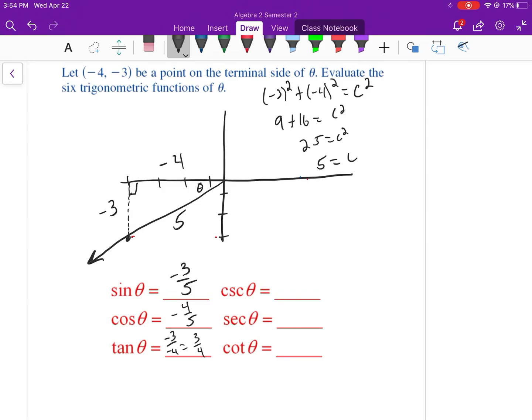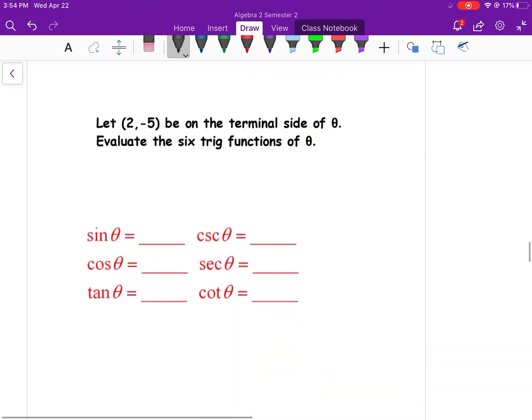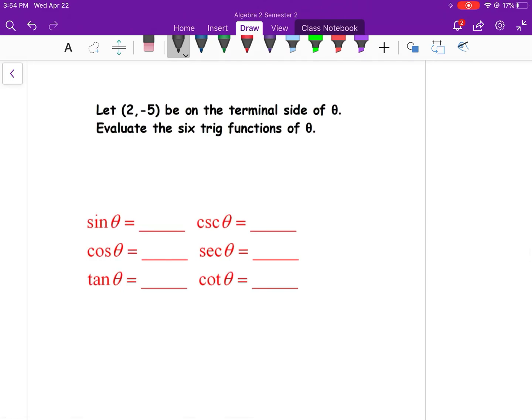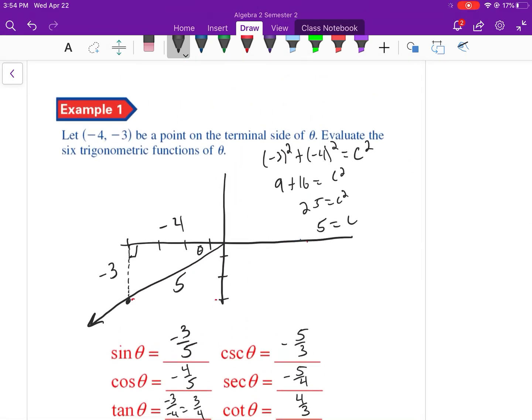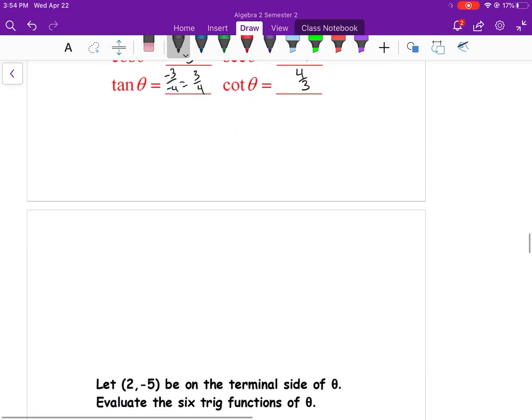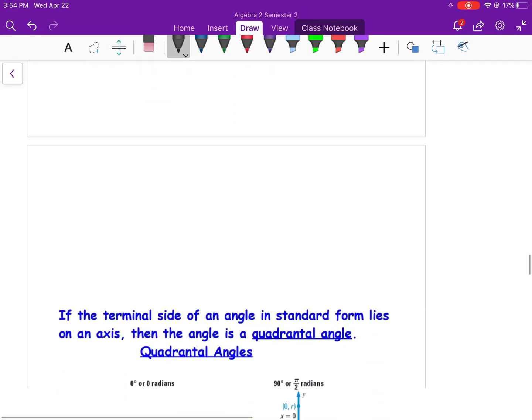Cosecant is the reciprocal of sine, so just flip it: -5/3, then secant is -5/4, and finally cotangent is 4/3. That's how you evaluate your six trig functions given a point on the terminal side. We'll skip that one, but that is how you do it.